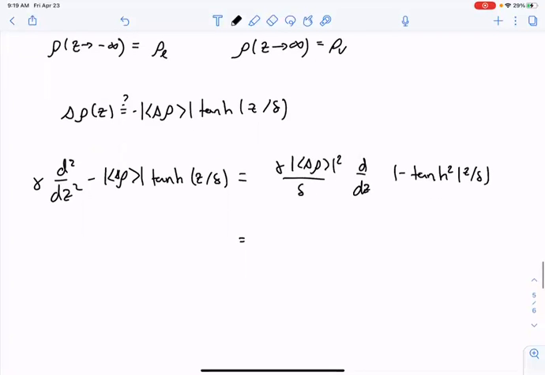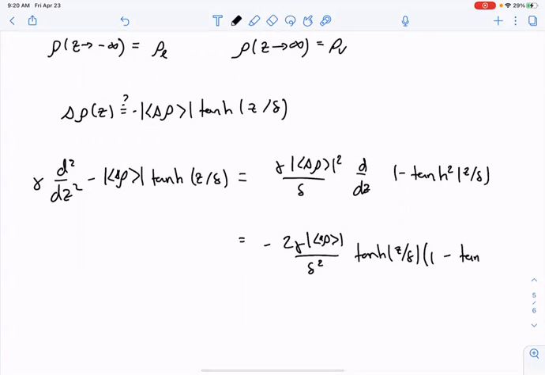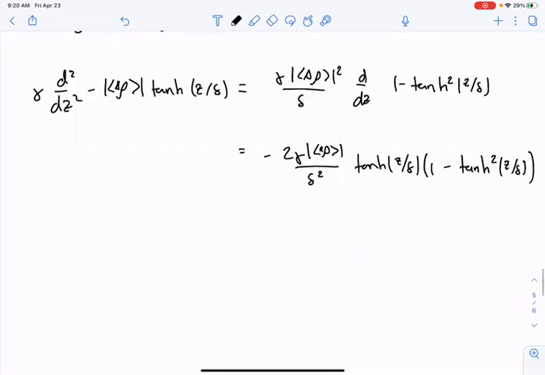The derivative of hyperbolic tangent squared can be written as, give me a factor of 2. I pull out another factor of delta. I get a hyperbolic tangent and 1 minus hyperbolic tangent squared. Like so. All right, that's the right-hand side of our Euler Lagrange equations.